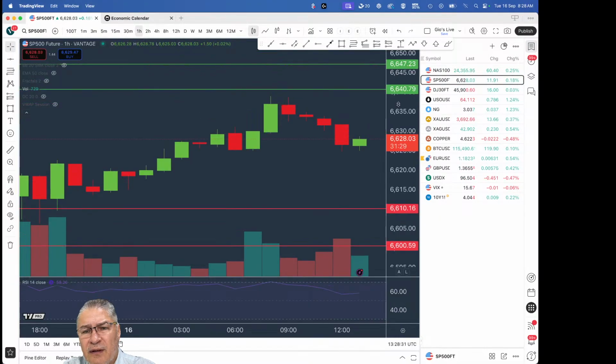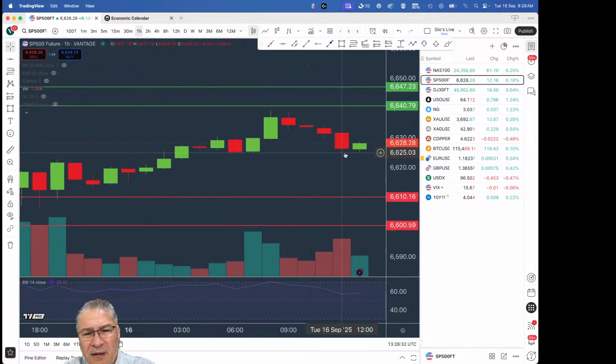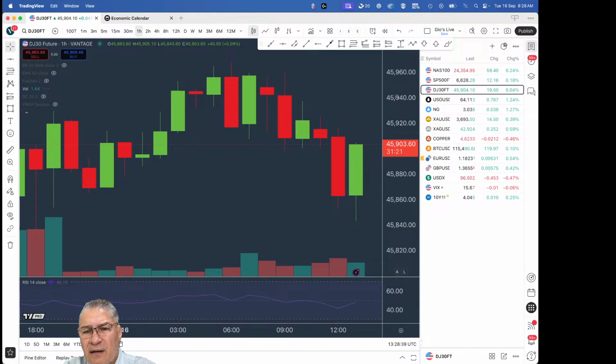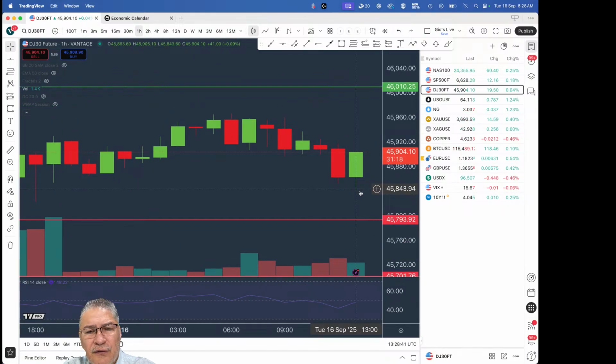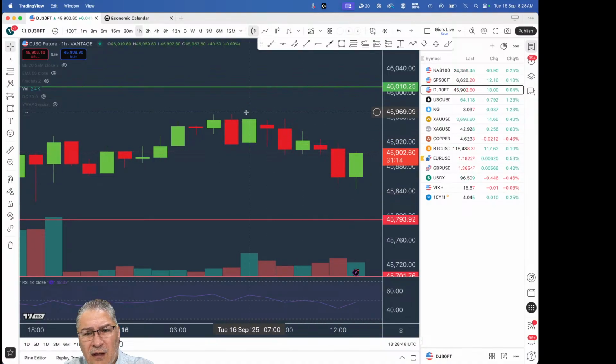Then we have the S&P, basically doing the same, but with more momentum to the upside built into it. The Dow is recovering after doing different moves to the downside, and let's see if it'll do a nice parabolic movement at the open in a few minutes from now.